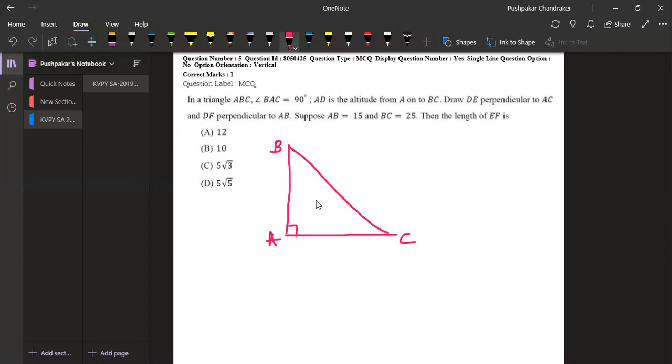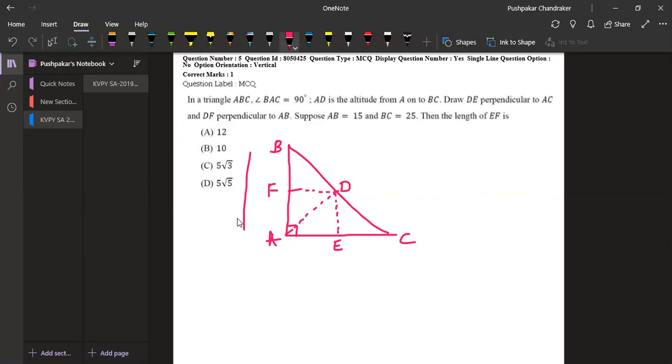AD is the altitude from A on BC. So draw altitude D here. Draw DE perpendicular to AC, and DF perpendicular to AB. So draw F here. Suppose AB is 15.